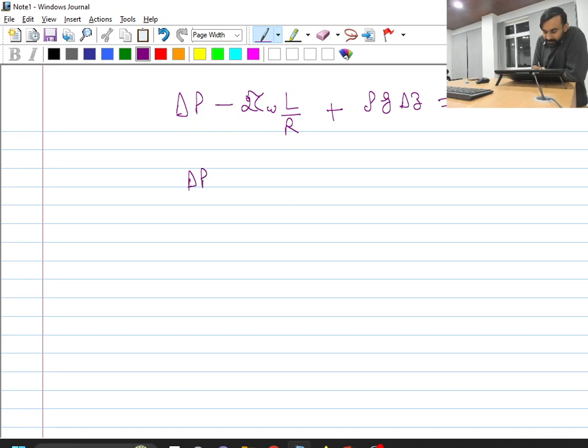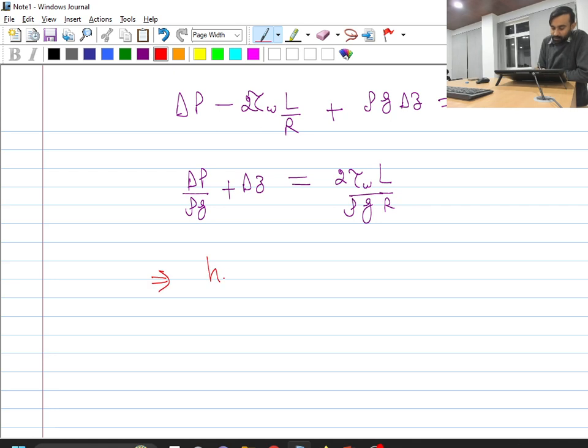So if I write delta P by rho G plus delta Z, then it becomes equal to 2 tau W L by R, and I will be having one rho G term with it. Okay. So from this I can simply say that whatever the head loss I will be having in the pipe between 2 points, that head loss is nothing but dependent upon wall shear stress.